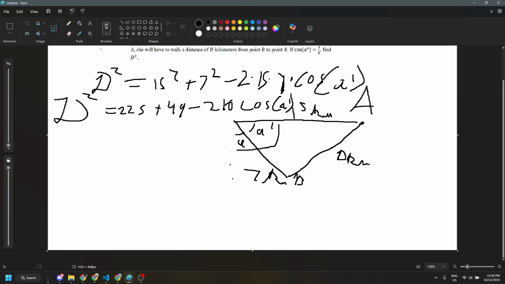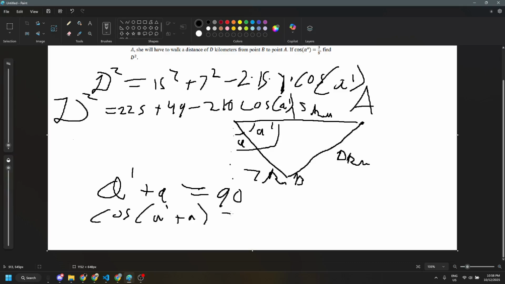Well, let's see. We know this equality that alpha prime plus alpha equals 90. No, I'll just do 90 degrees. Cosine of alpha plus alpha prime is equal to cosine of 90, which is just 0.